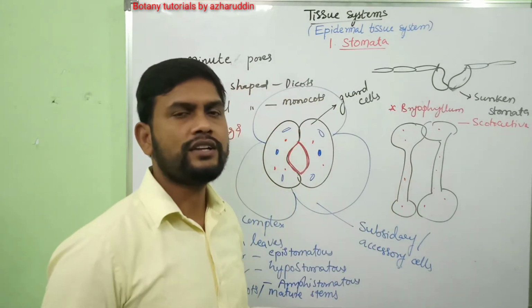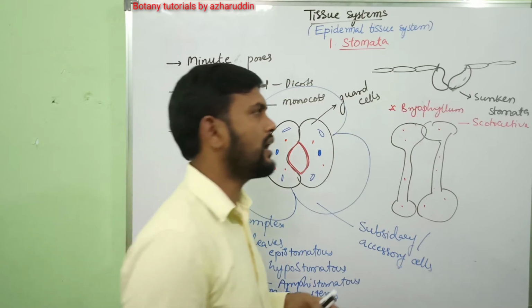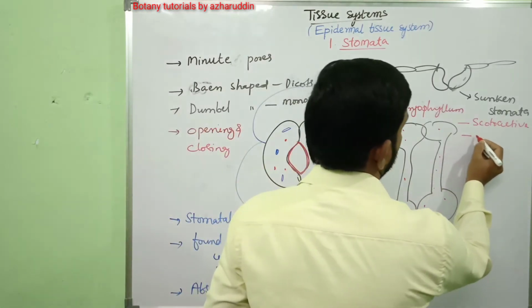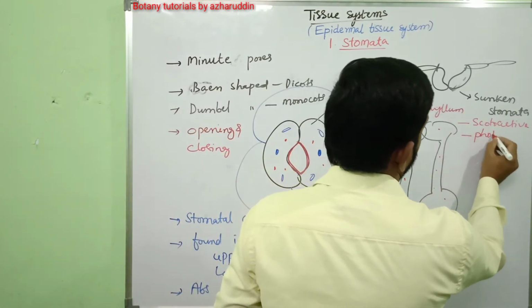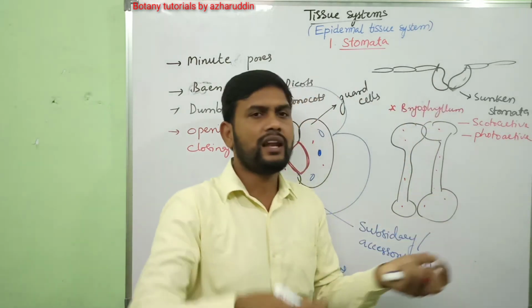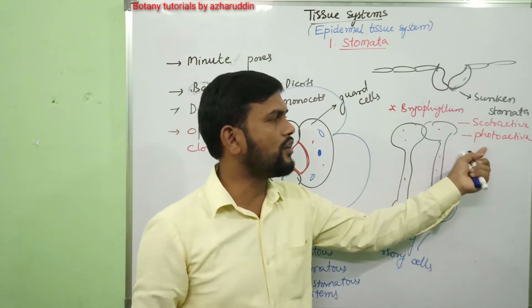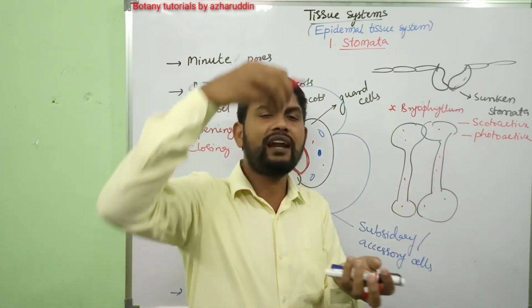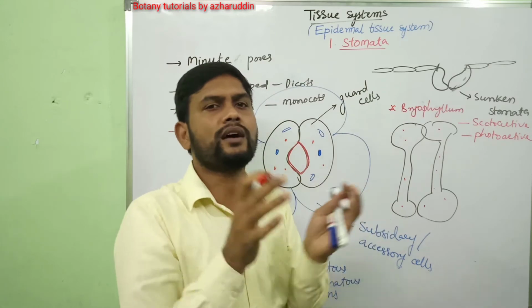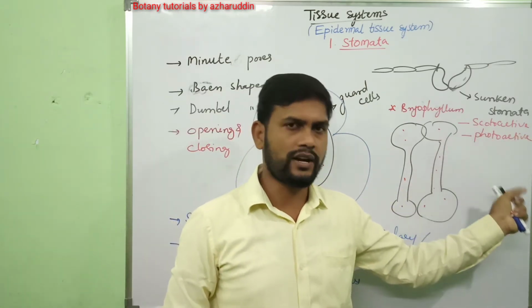In mesophytes, stomata are open during the daytime and closed during the night time. Such stomata are called photoactive stomata. That means when light falls on the leaf, stomata open. Such stomata are called photoactive stomata. When light falls on the leaf, if stomata close, such stomata are called scotoactive stomata.